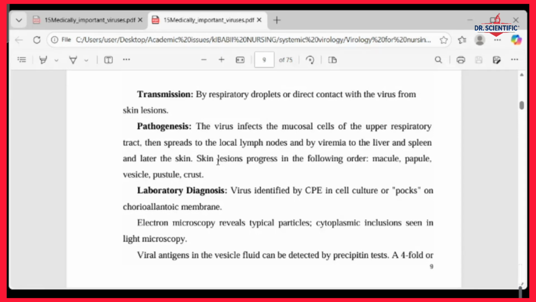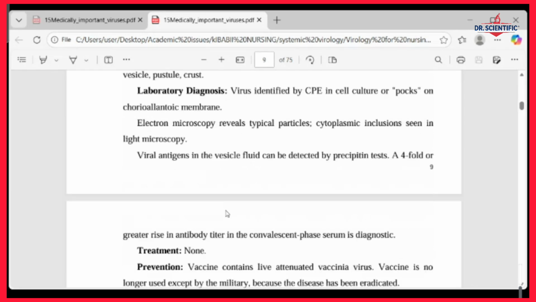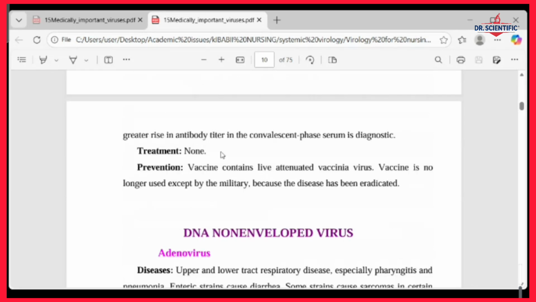Now, in the lab, we can do culture of this virus in the cell, especially the embryonated egg, where it forms pox on what we call the chorioallantoic membrane. You can also do serology. There is no known treatment.